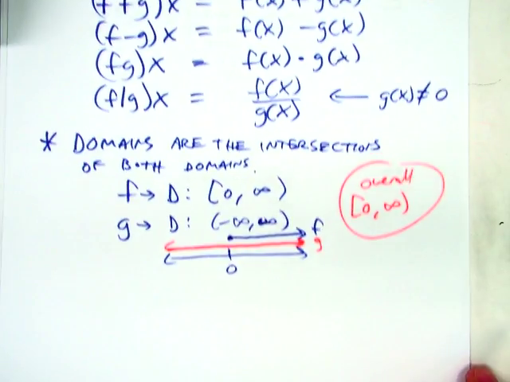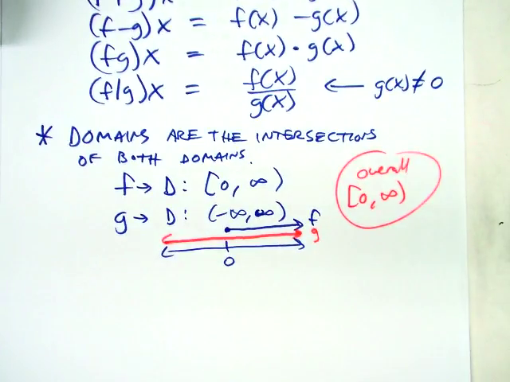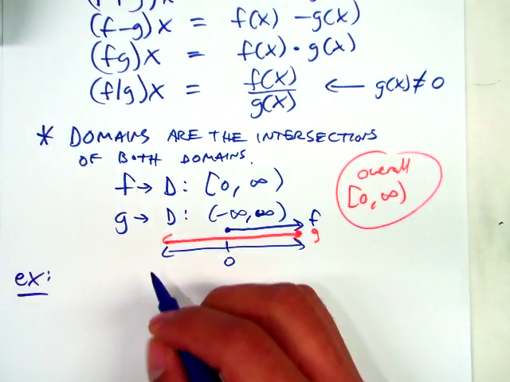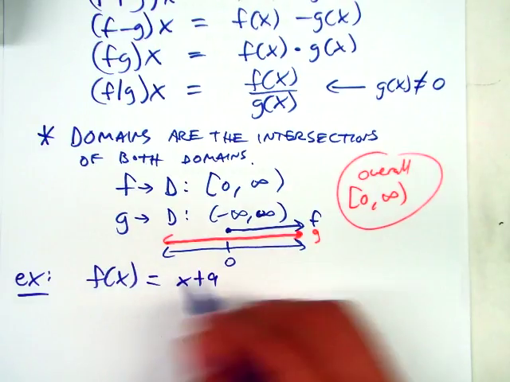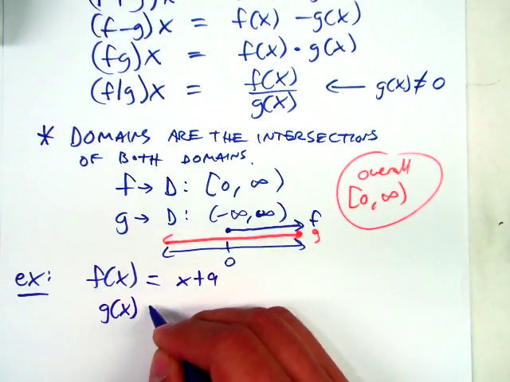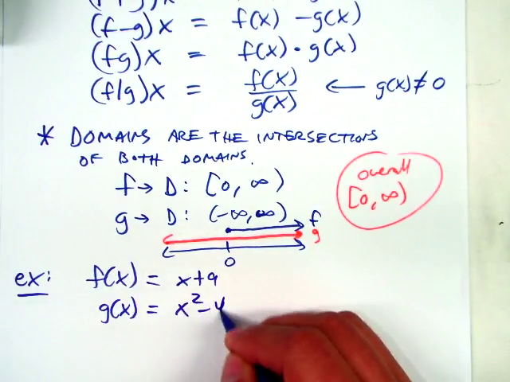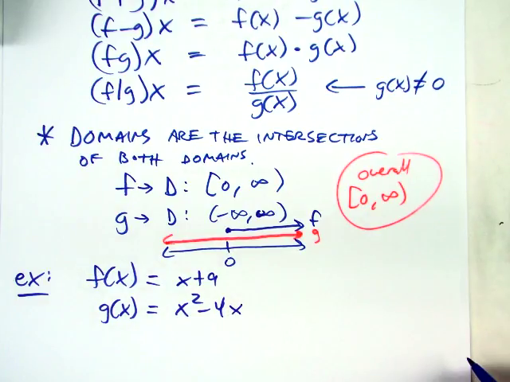So, let's do one example. We'll do all 4. We'll go through the domains, and then we'll go to the 5th one. I don't really want to do tons of examples because I want you guys to work through this. Let's say f of x equals x plus 9. And let's say g of x equals x squared minus 4x.